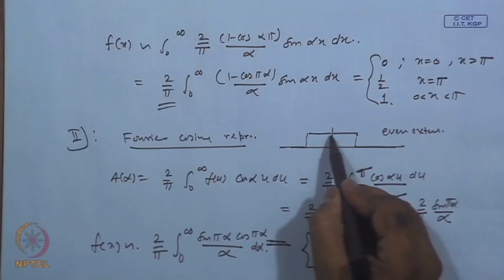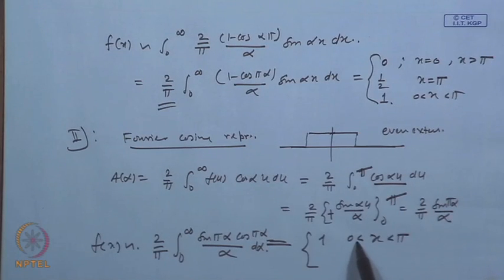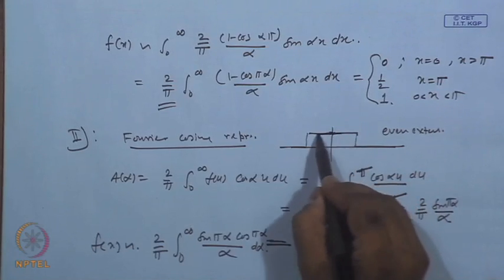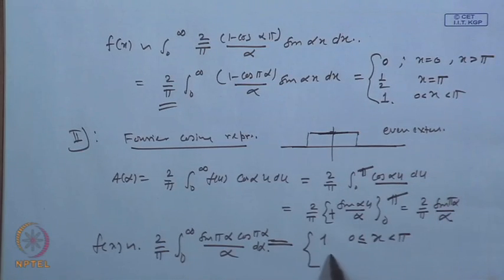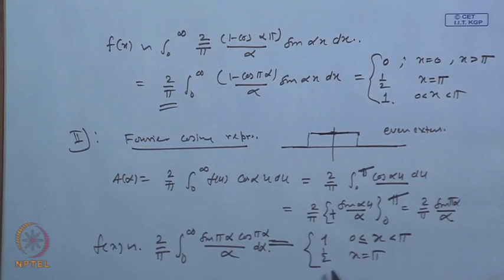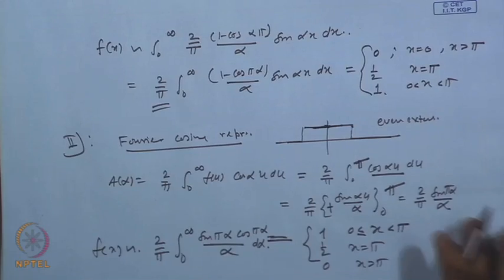At 0 also we have the value 1, because the function is now continuous. At that point also we have the half value at x is equal to pi, and we have 0 when x is greater than pi.